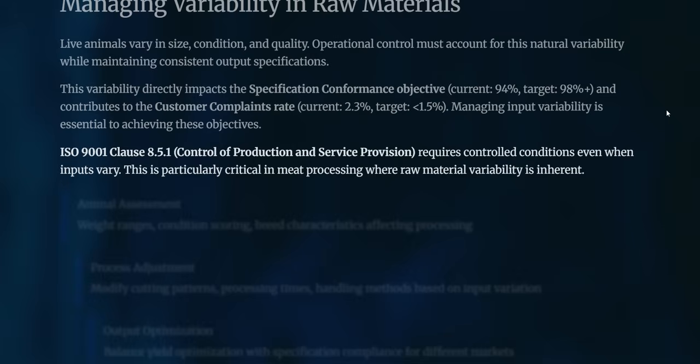Managing input variability is essential to achieve these objectives. So ISO 9001 clause 8.5.1, control of product and service provision, requires control conditions even when inputs vary. This is particularly critical in meat processing, where raw material variability is inherent.